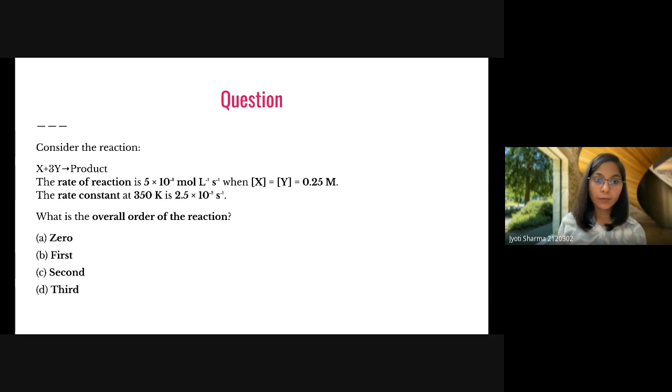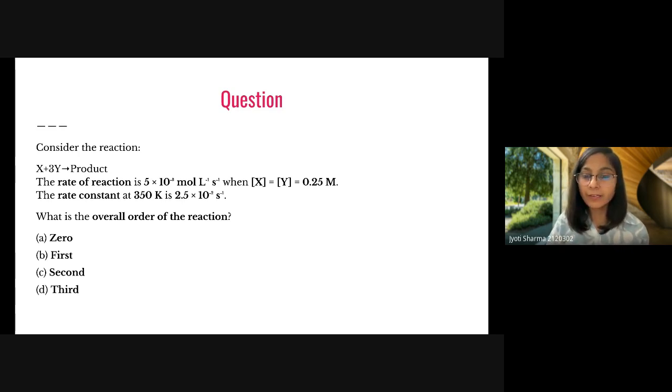Most of the questions are based on your zero order, first order, and second order reactions. We have already completed the basic concepts of first order, zero order, and second order, so now you can tell me the answer very rapidly.